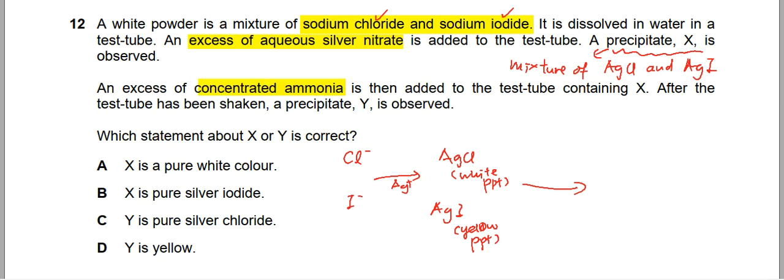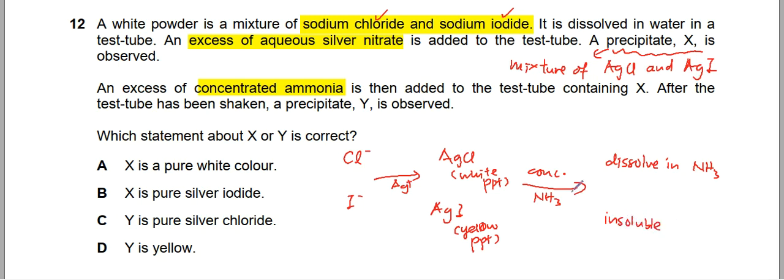The next thing we do is add the concentrated ammonia. We know that this is the test to differentiate between chloride and iodide. Silver chloride will dissolve in NH3, but silver iodide is insoluble.